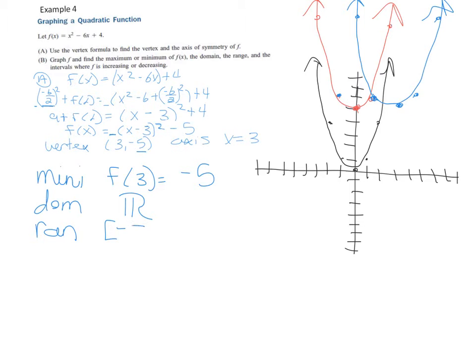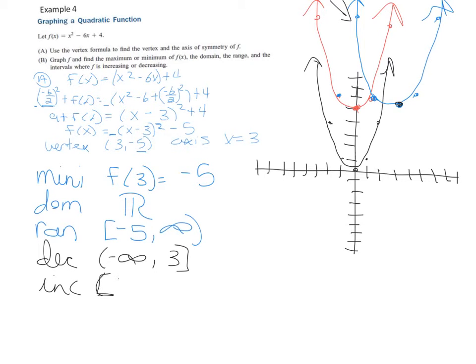So it's going to go from -5 to infinity. It's going to decrease right here, look right here. I'm going to decrease from -infinity to the x value of my vertex, and then increase from, oops, included, my vertex to infinity.